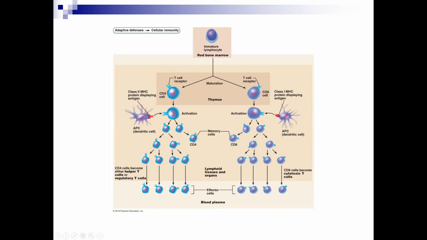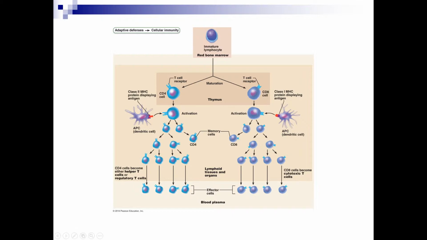So now we've selected, now we're going to go through clonal expansion, and it's going to make again some memory cells. So these CD8 cells will then wait until further infection by that virus, and then the rest of the cells will become cytotoxic T cells, the ones that will actually attack the infected body cell.